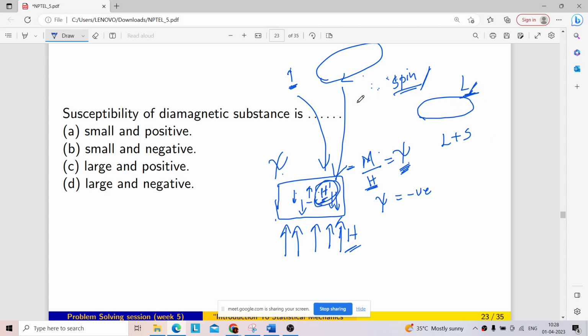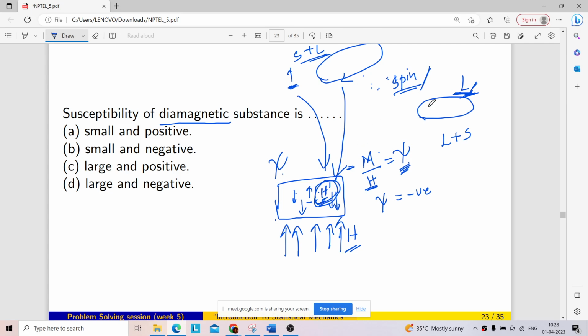In diamagnetism, there are no unpaired electrons, so only the orbital angular momentum is contributing to the induced magnetic field.